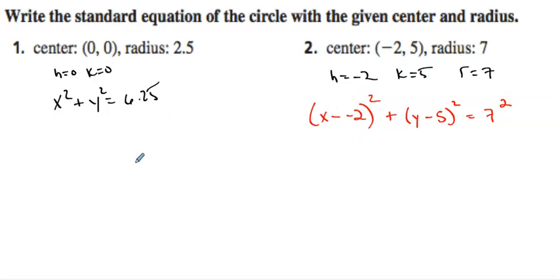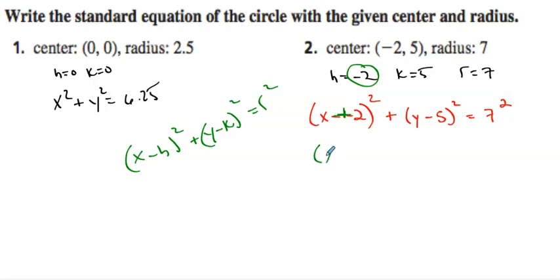Your formula is x minus h squared plus y minus k squared equals r squared, right? So get used to that. Be careful with those negatives. So now I can make this a positive sign. So x plus 2 squared plus y minus 5 squared equals 49, right?